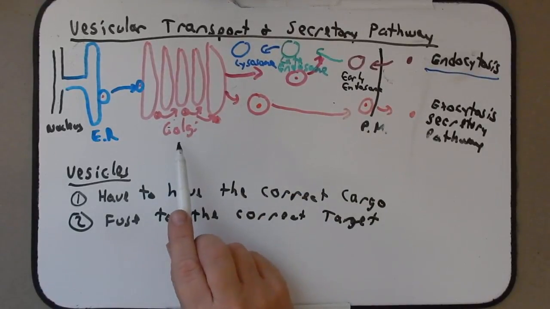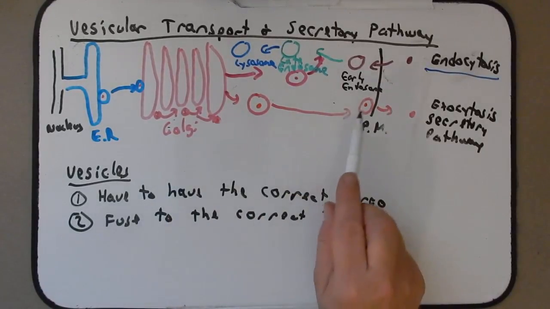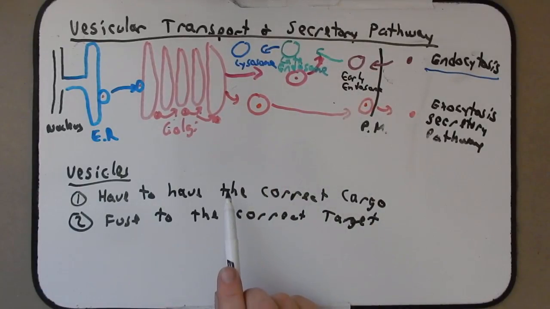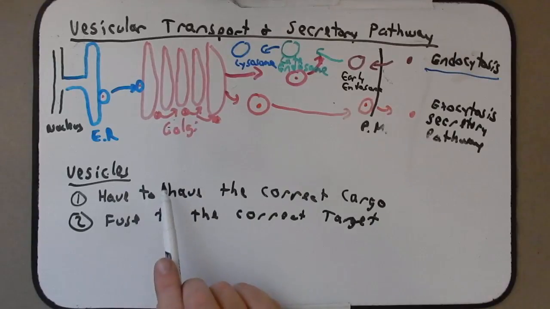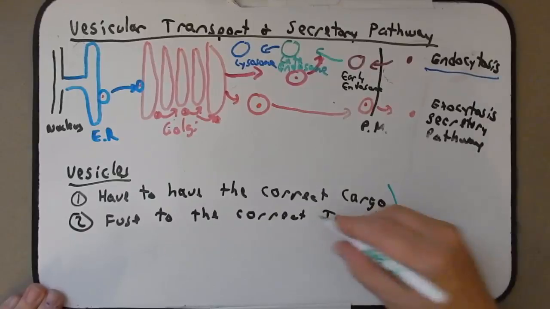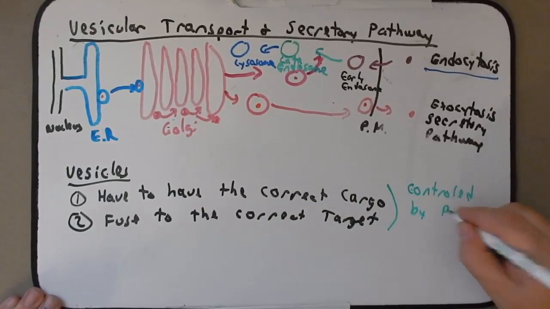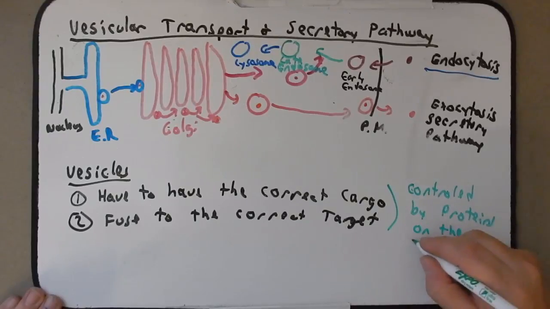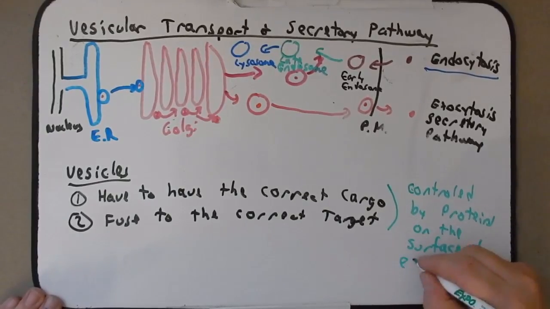We don't want a protein destined for the plasma membrane to move to a late endosome, or a protein that's supposed to stay in the Golgi go to the plasma membrane. So it's important that you have the correct cargo and it's transported to the correct target membranes. By and large, both of these are controlled by proteins on the surface of each vesicle.